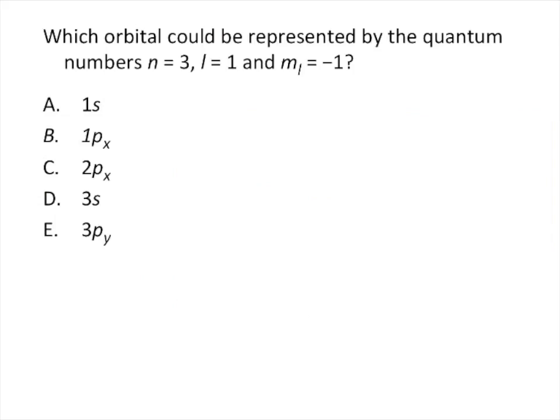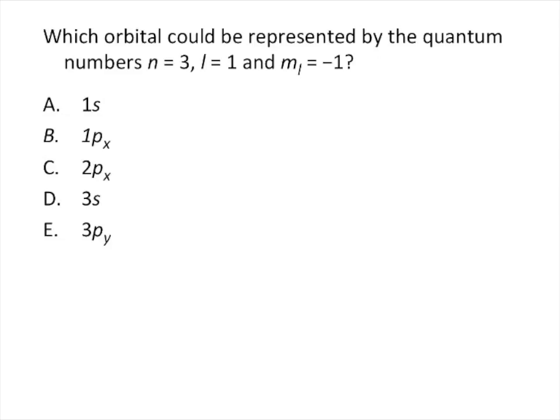Okay, so we have some example problems now. First problem: which orbital could be represented by the quantum numbers n equals 3, l equals 1, and m sub l equals -1? Pause the video, think about it, and then I'll come back with the answer in just a second. Okay, to do this problem, it helps to just step through the quantum numbers in order.